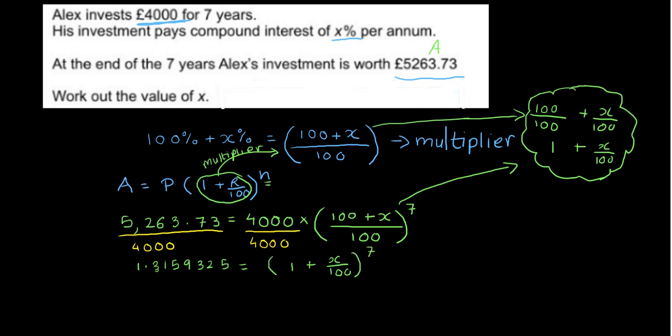Okay, so in order to now get 1 plus X over 100 on its own, I need to find the 7th root of it, because it's to the power 7. So the opposite is to find the 7th root on both sides. Let's see. 7th root of the answer.